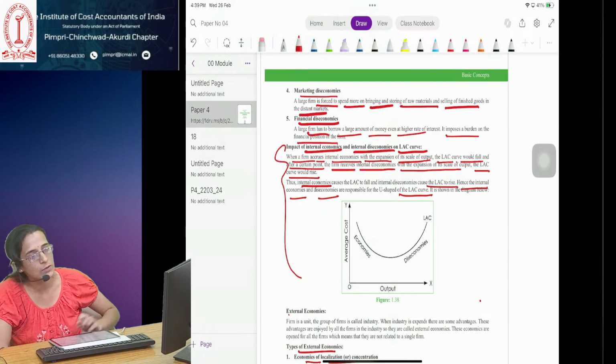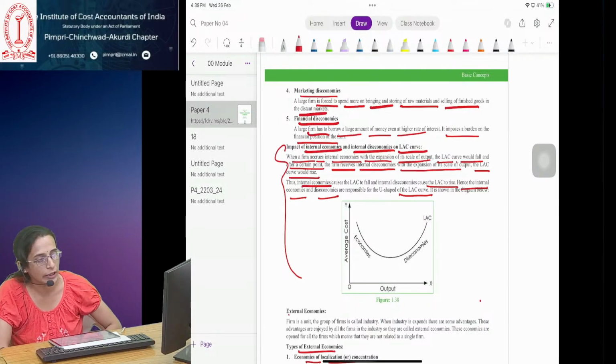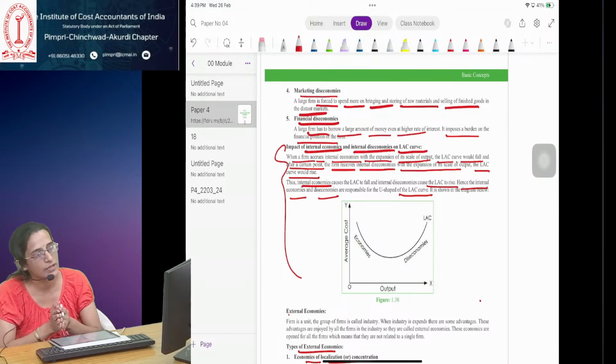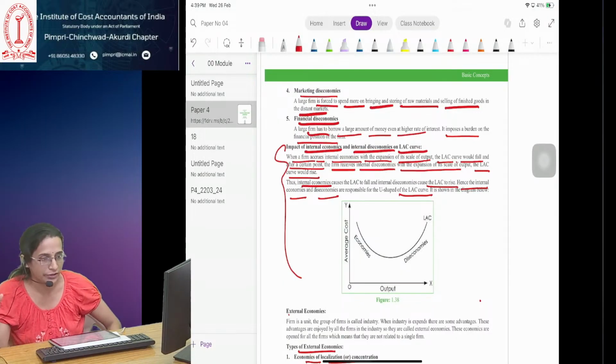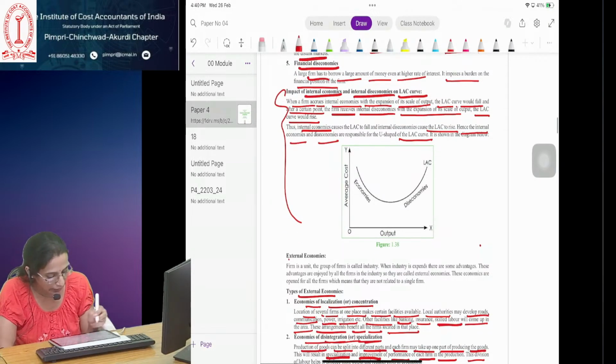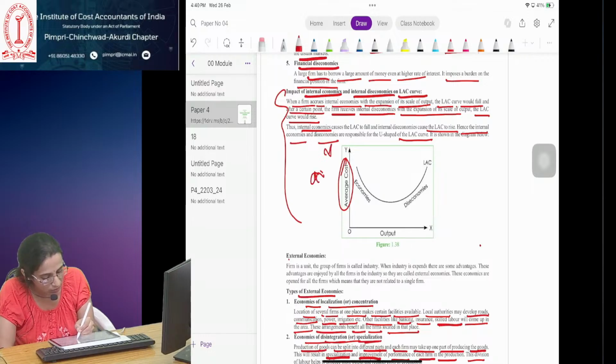Piyush, clear on this? What will happen to the cost in relation to economies and diseconomies? See, economies are the advantages that we get when we increase the scale of production. Diseconomies are the disadvantages. So if we get an advantage, the cost will reduce, and if we get a disadvantage, the cost will increase. See this figure 1.8: this is the cost on the y-axis and this is the output on the x-axis.